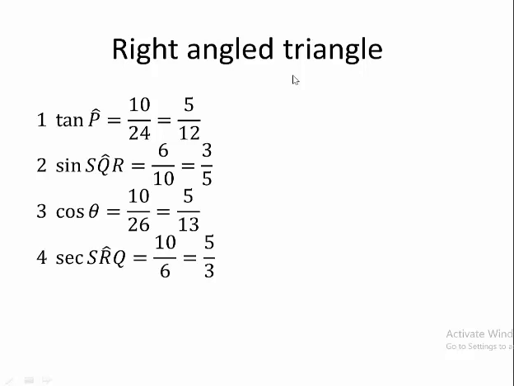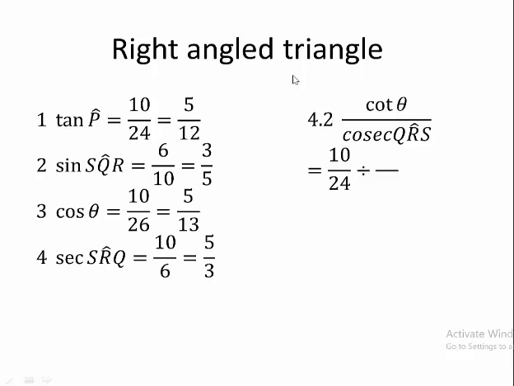Now, for this question, which is now your 4.2, we look at cot theta over cosec QRS. For cot theta we have your 10 over 24, and then for your cosec QRS, we have your 10 over 8.